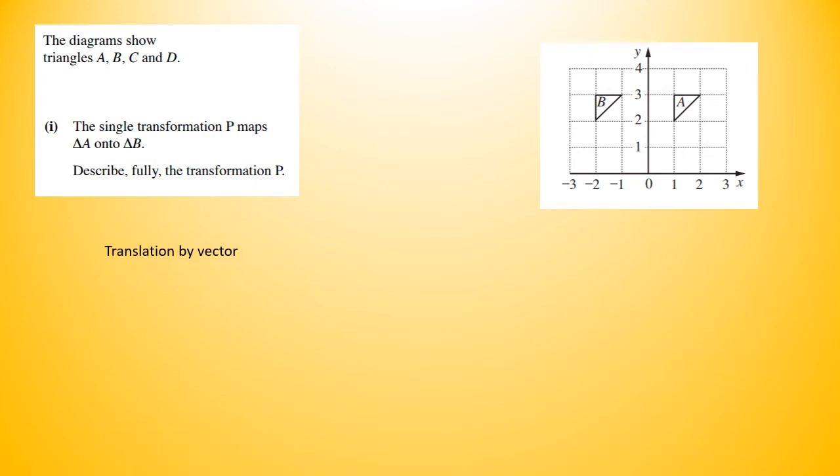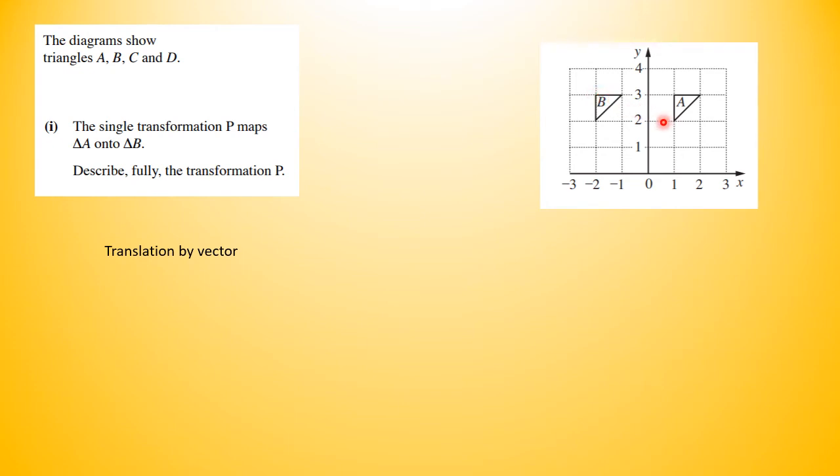What do we mean by translation? We can check how one point has moved to the other point. So this point over here has moved 1, 2, 3 movements in the negative direction, which is minus 3. That's it. It has not moved in the positive direction.